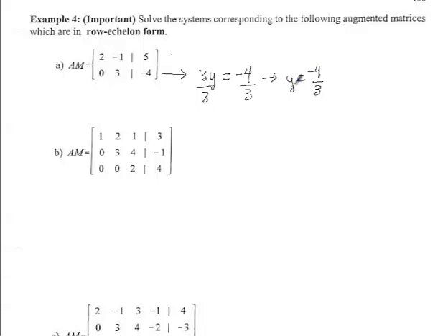Now that we know the y variable, we can take it back to the next row above it, and that would give us 2x minus a -4/3.